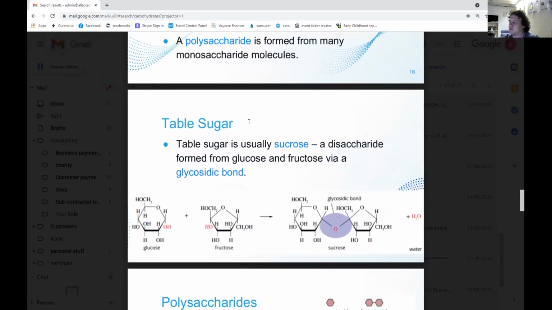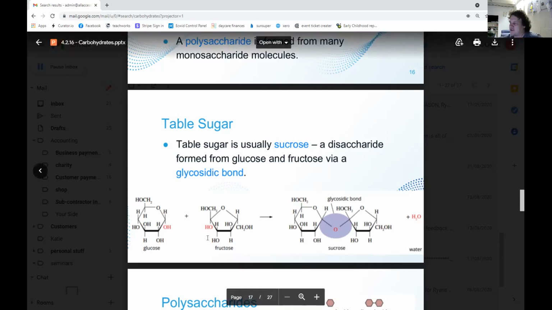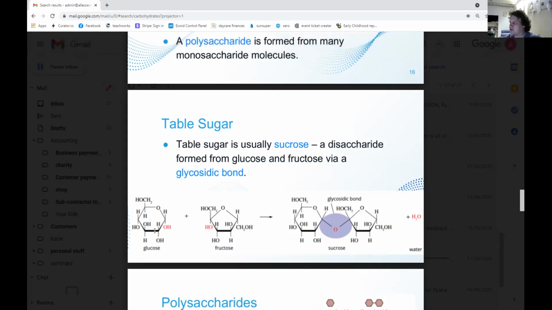So table sugar. Now we remember we've got different kinds of bonding, but it's all the same. What you're seeing here is just a condensation reaction. We take glucose and fructose, the OH and the OH groups, like our esters and our proteins.